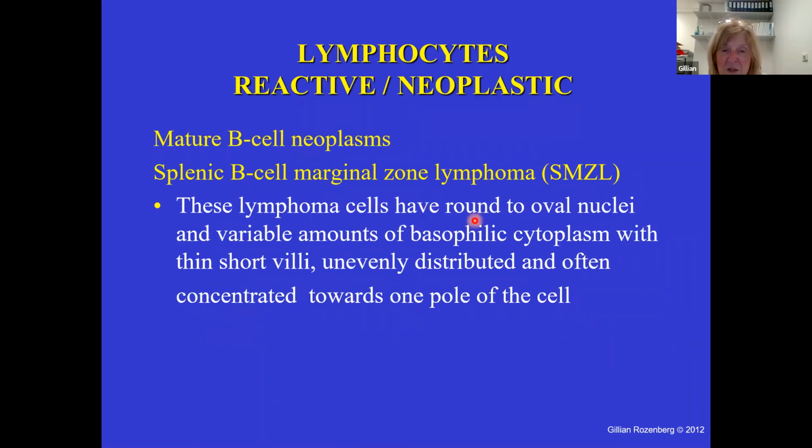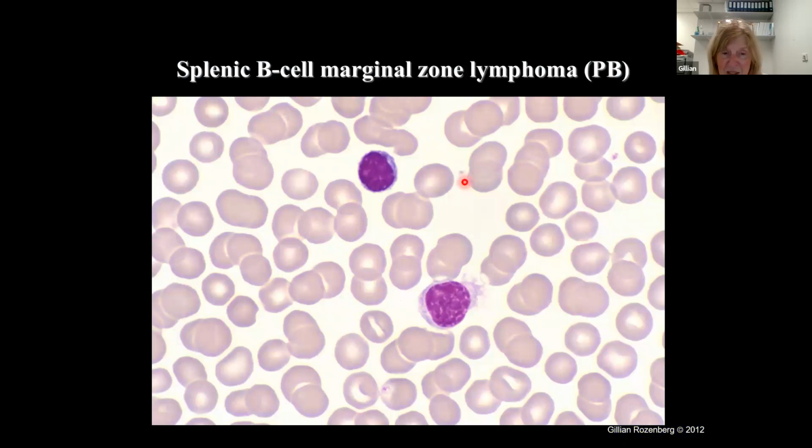The lymphoma cells have a round to oval shaped nucleus, variable amounts of basophilic cytoplasm with thin, short villi, unevenly distributed and often concentrated to one pole of the cell. That's the differentiating feature morphologically. So what I've done here, I've shown you an image of a splenic marginal zone lymphoma cell.